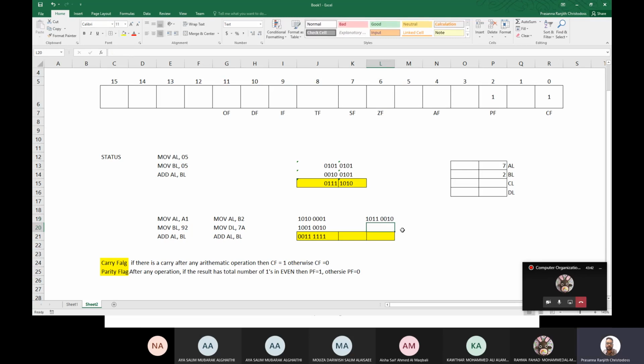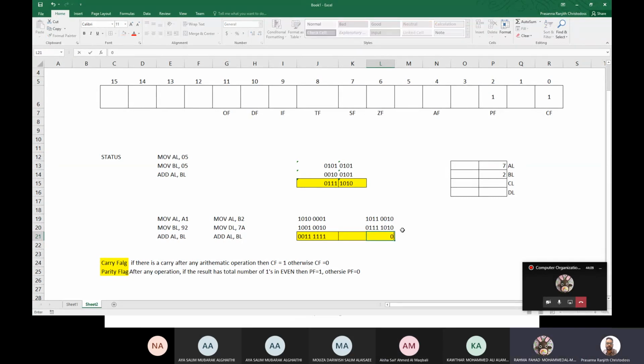See, if I write everything, then I can teach. D is 1 0 and 2 is 0 0 1 0. Now, 1 0 1 0. Is it correct now? Total, how much is total?